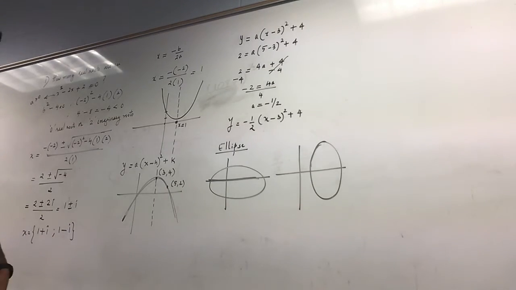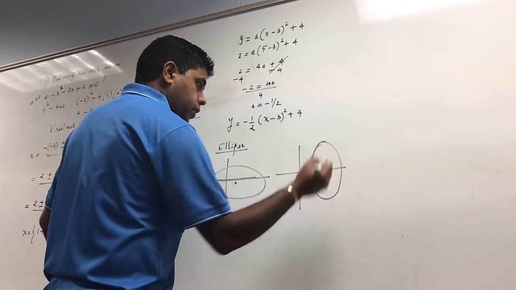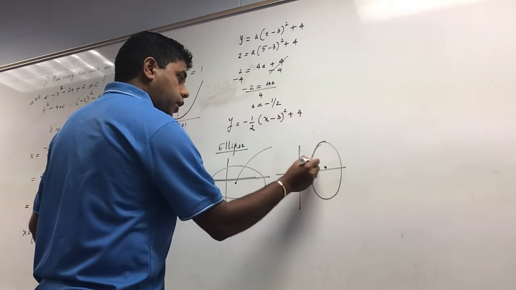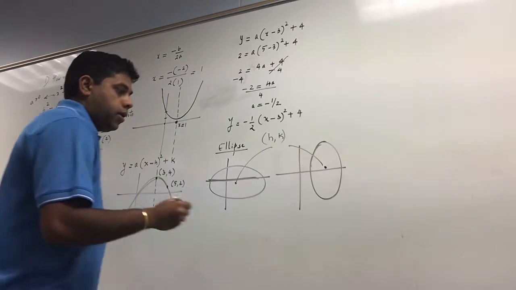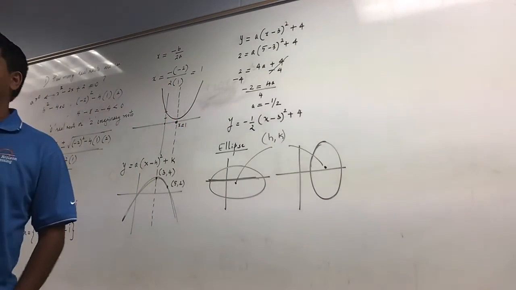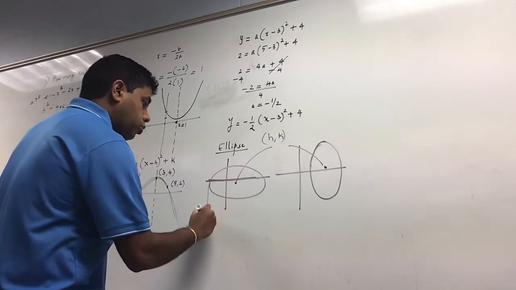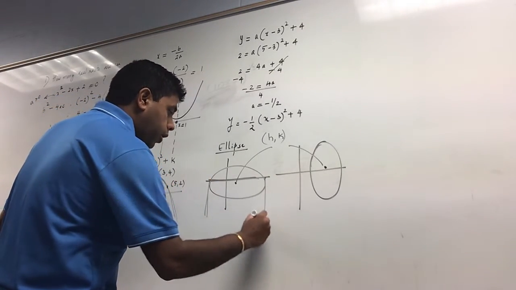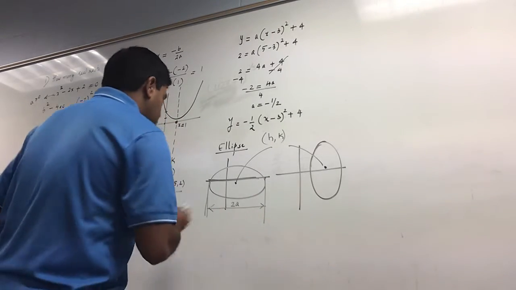Each one of them has a center, and we call that center H and K again. The longer axis is called the major axis. In this case, the longer axis is this one. This is called the major axis, 2A.